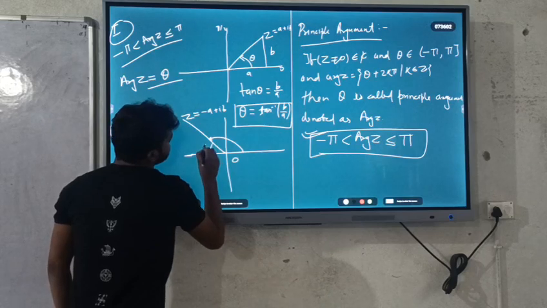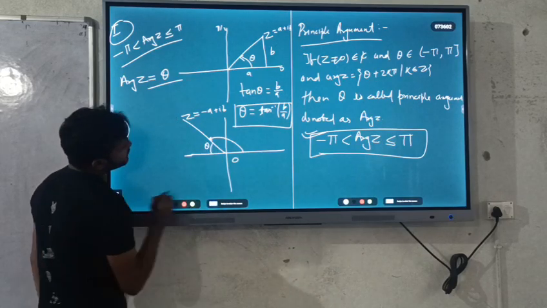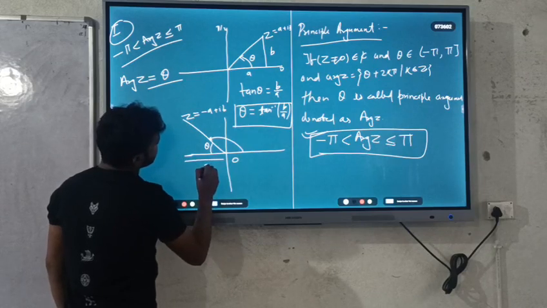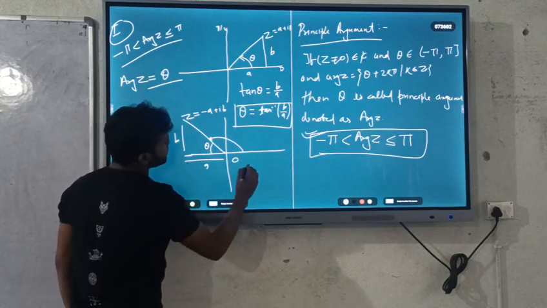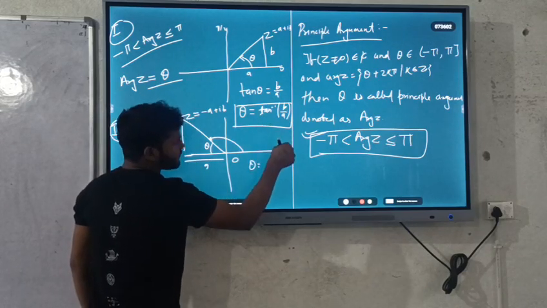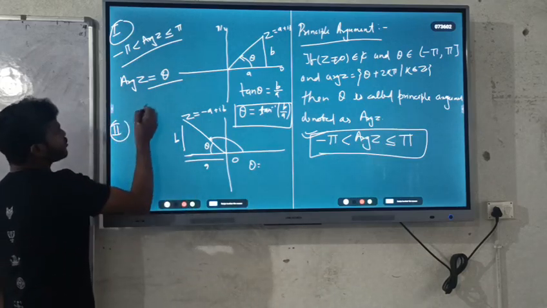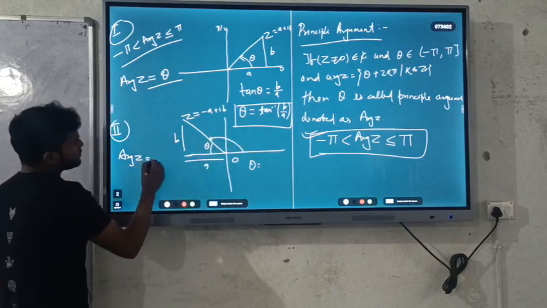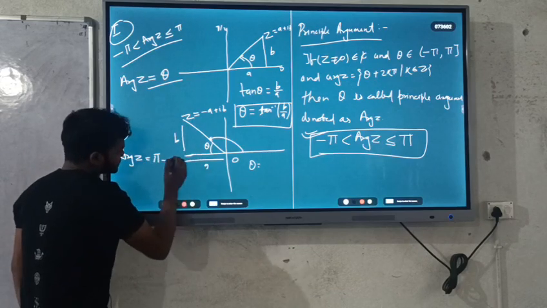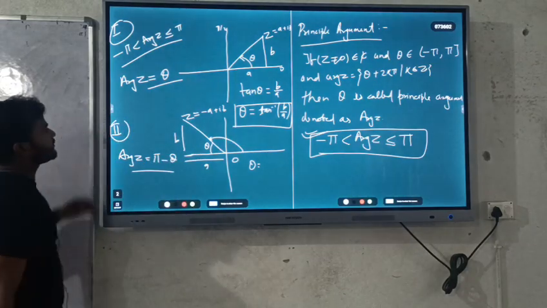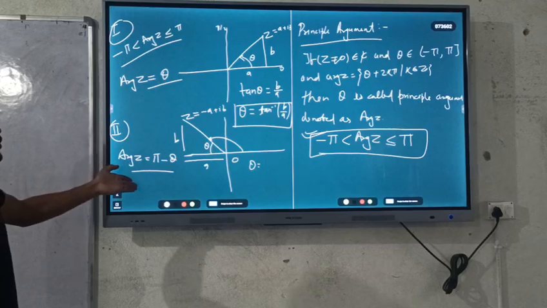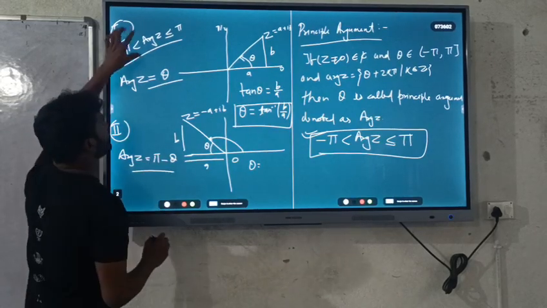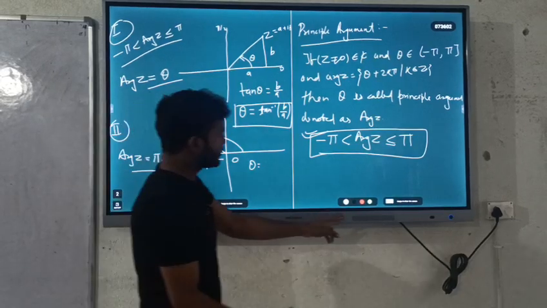So we calculate this portion, this is theta. By the similar concept, this distance is a and this distance is b, so theta will again be the same value. So the argument of z is equal to pi minus this angle theta. So in the first quadrant we get theta, in the second quadrant we get pi minus theta, and we can see that this angle lies in this interval.